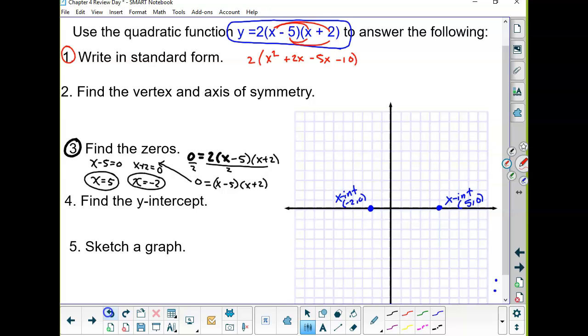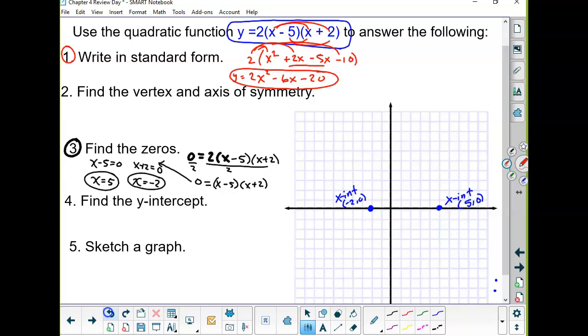And then I'll times all that by 2 in a second. If I simplify this, I know this part here is going to be negative 3. So when I distribute that 2, I'll get 2x squared, and then negative 3 times 2 is negative 6x. 2 times negative 10 is negative 20. And now this would be, you could say y equals, but that's the form that's in standard form.